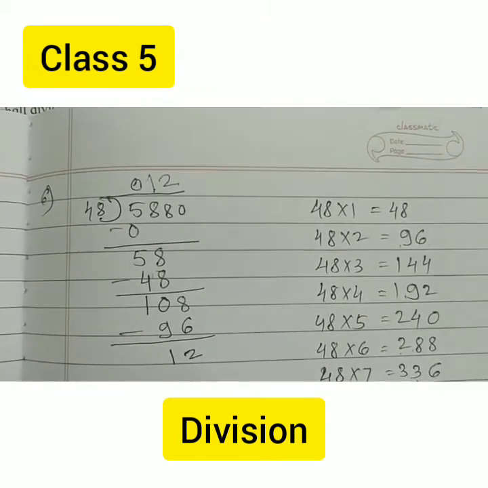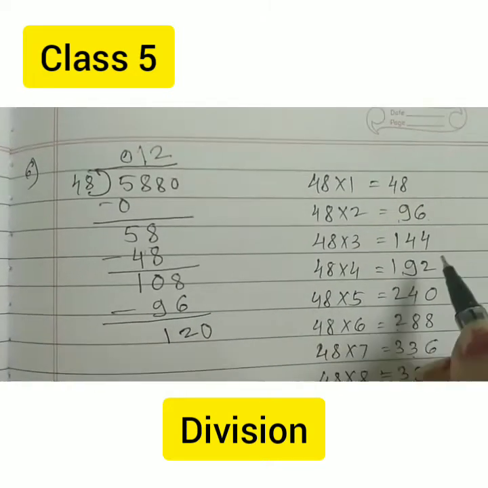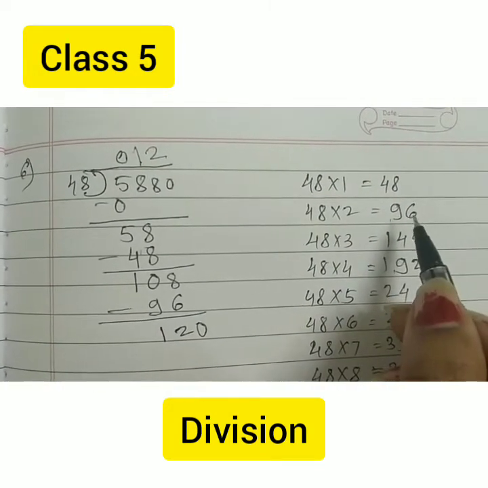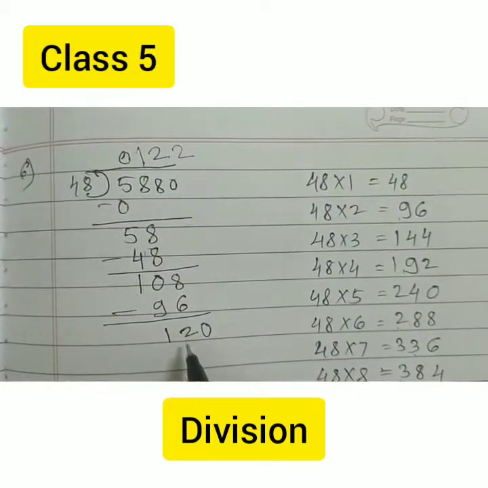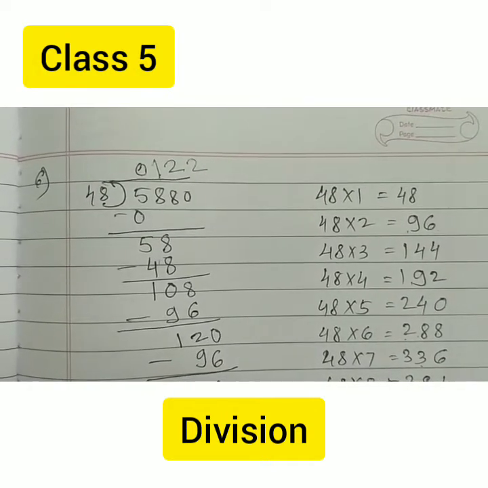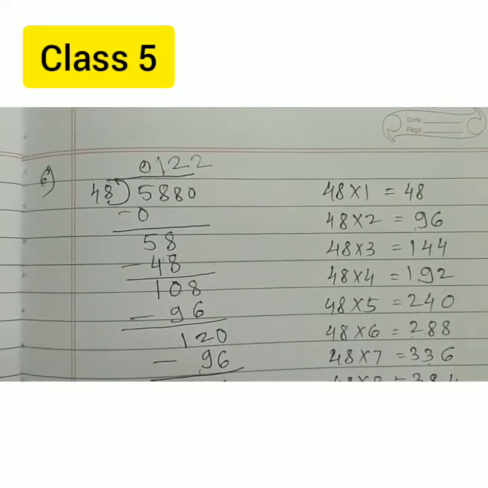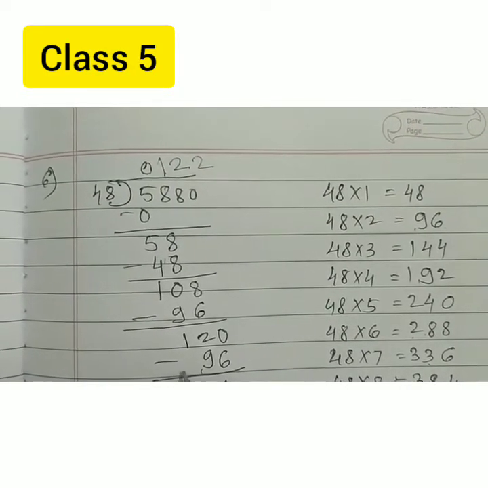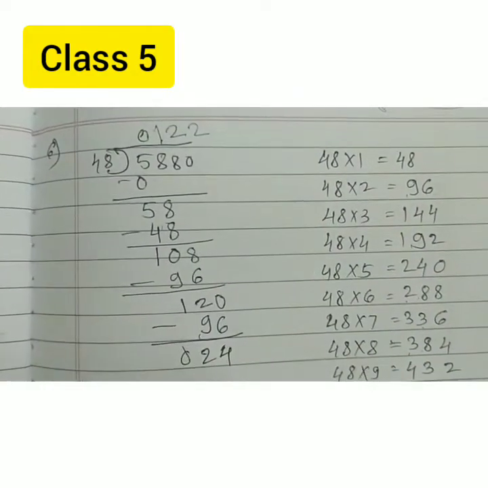Okay. 12. This 0 will come down and we have 48 twos are 96. So we'll have 4 here and 12 minus 10 is 2, 0. Okay. So what is the quotient? Quotient is 122.